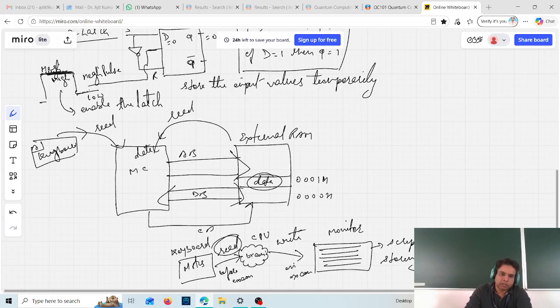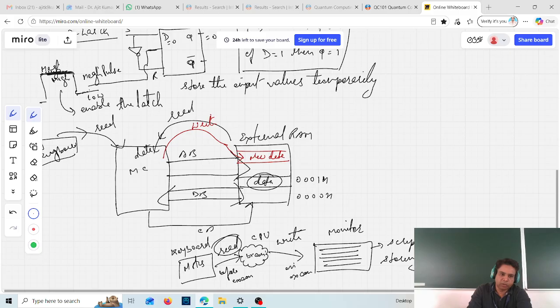Or the microcontroller may do another thing, which is called write. Write means when the microcontroller wants to store something in the memory, that new data will be written by the microcontroller. This is done by the write operation.